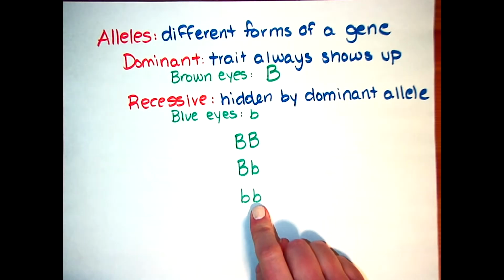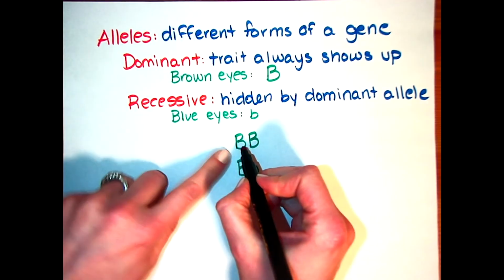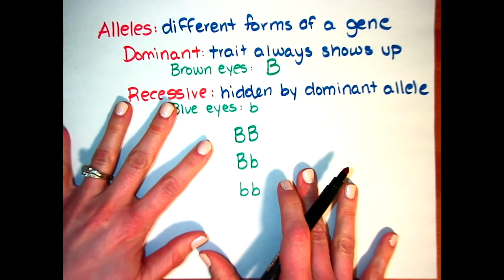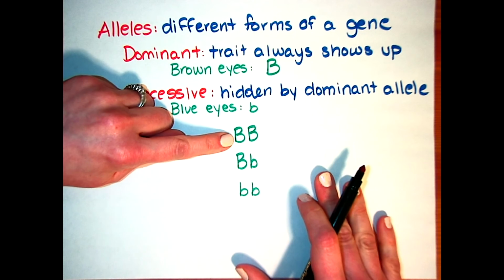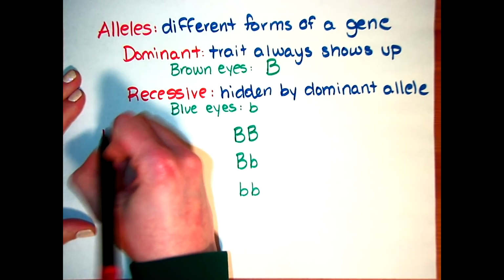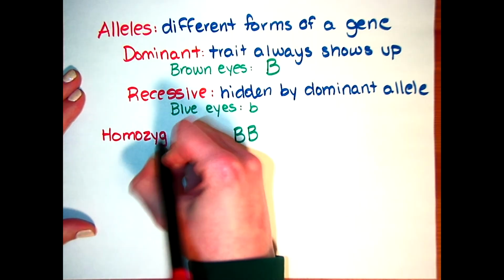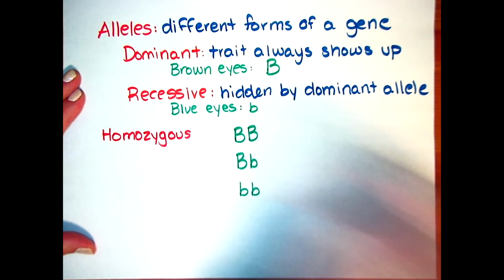And so we would call both this person and this person, we're going to use the term homozygous. And we're going to say this person is homozygous dominant.